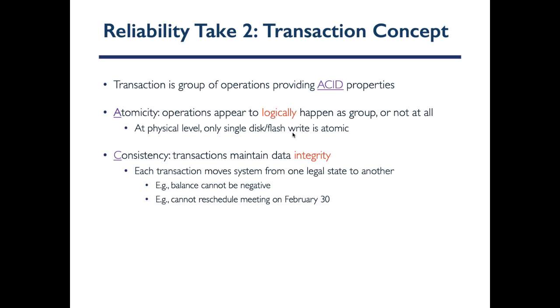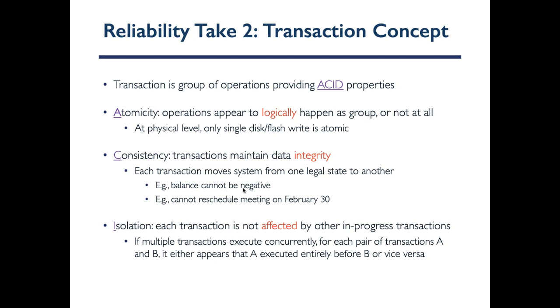You don't want to run your transaction and, as a result, have your system go to an illegal state where your data is not consistent with what you want. For instance, if it's a bank transaction, you don't want a negative balance on a debit card, or you don't want to schedule a meeting on February 30th.